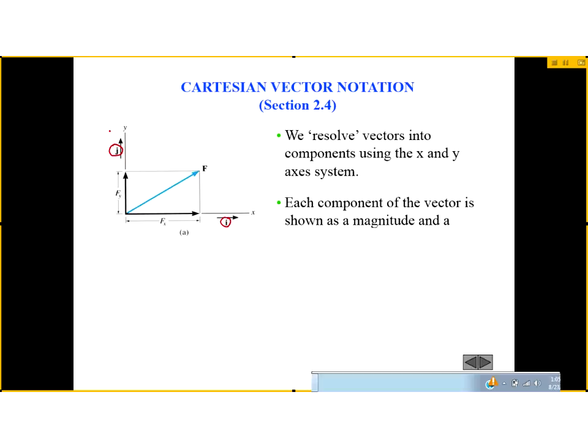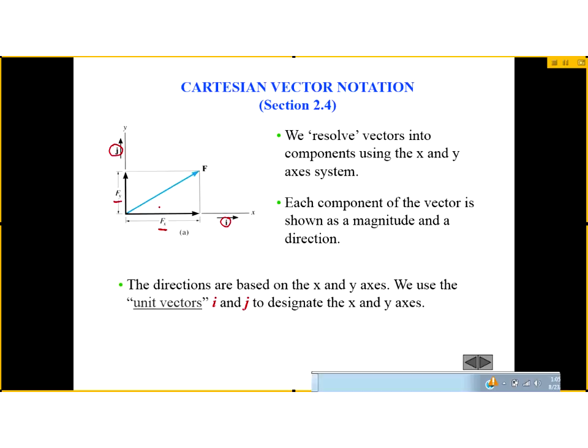So we've resolved those into the x and the y axis, and each component is shown as a magnitude in a direction. Notice the components are actually just given in regular face. They're not bolded, right? These are just magnitudes of the component in the j or i direction. And we use unit vectors i and j to designate the x and y axes.